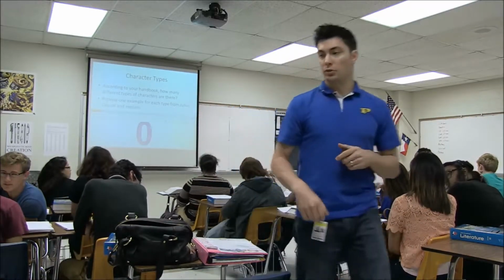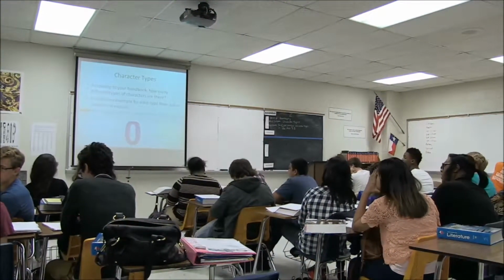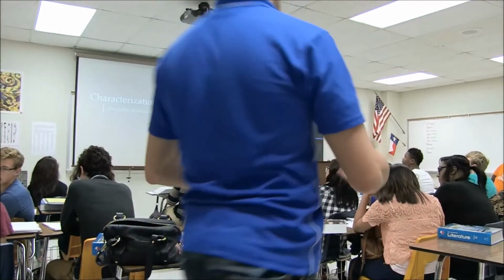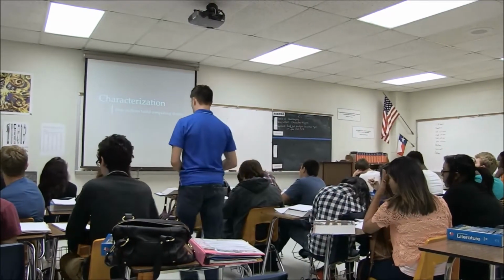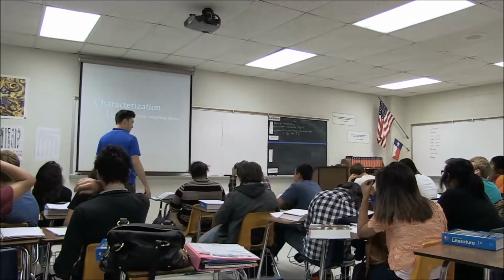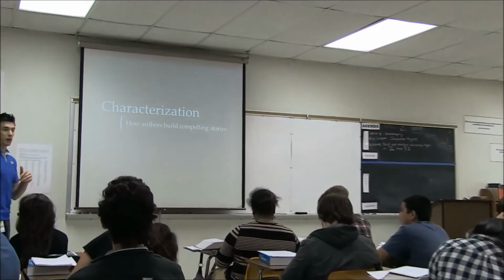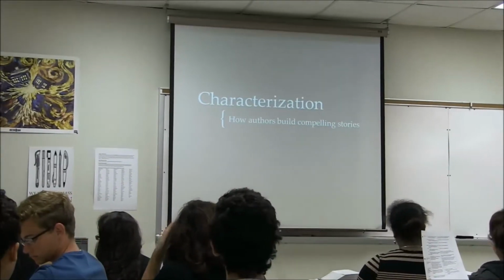We're going to talk about two different forms of characterization, or two different ways characters are built by the author. And then we're going to talk about your definitions and have you give me some examples of that. You'll notice on your terms handbook, if you go one more box down, or two more boxes down, we've got how characterization is developed.